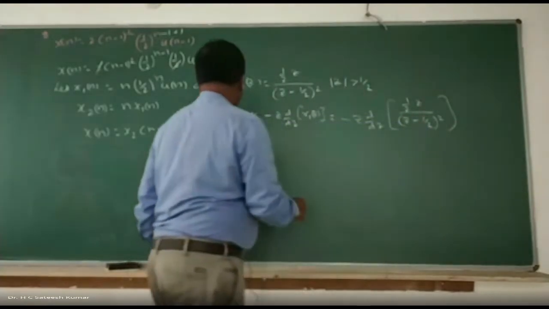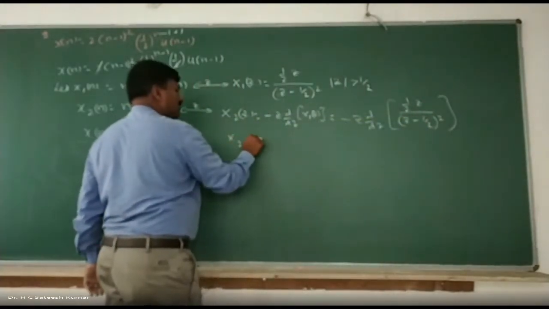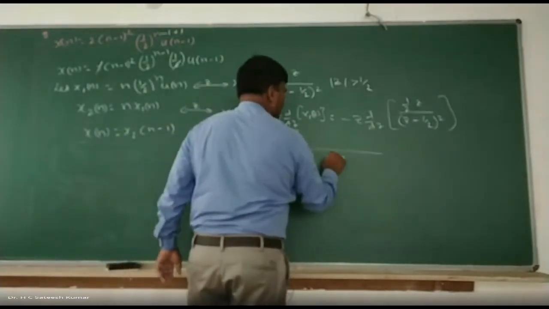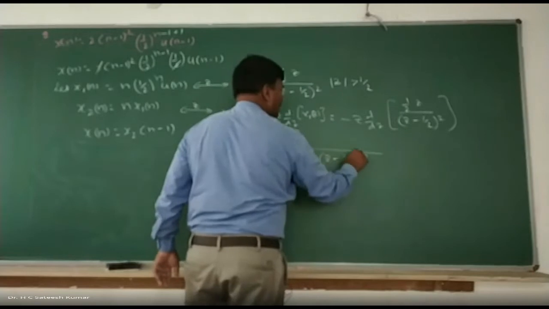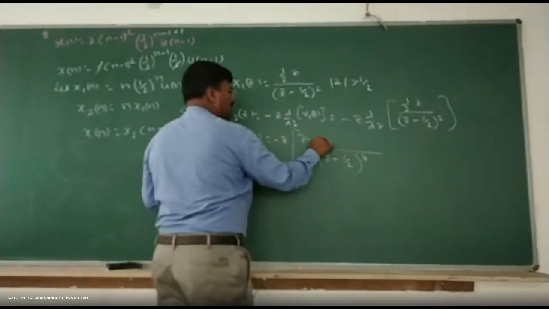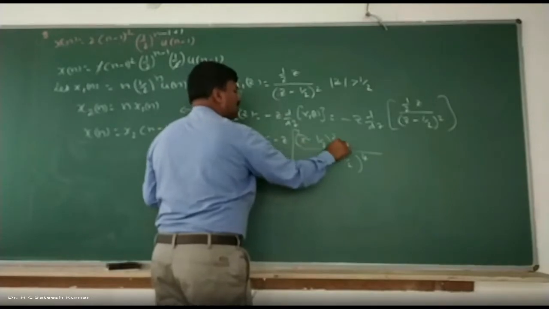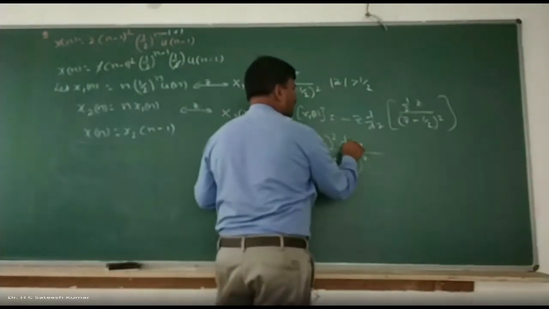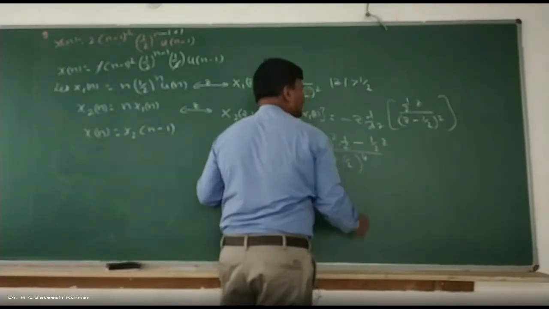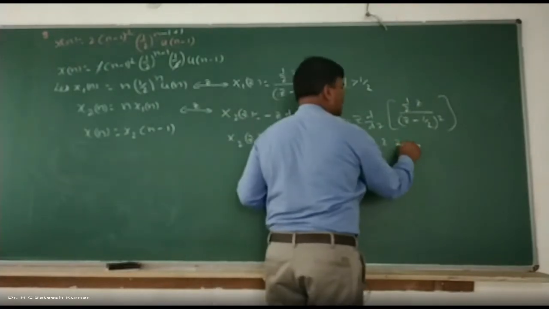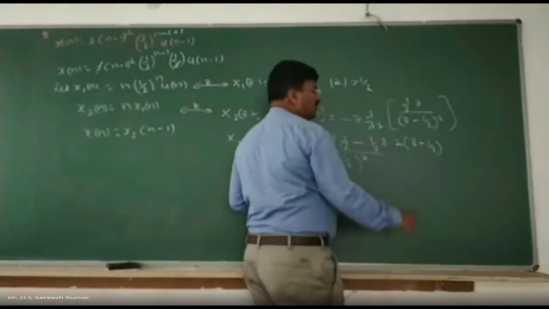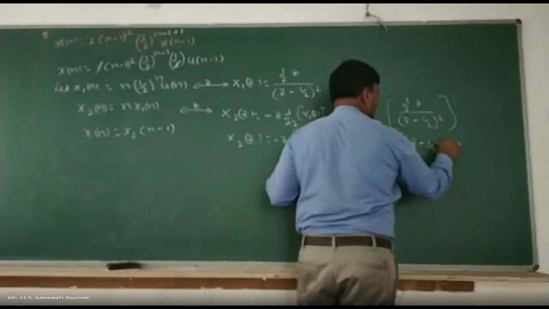Using the quotient rule, denominator z minus half whole square into d by dz of numerator, half z, which is half, minus numerator half z into d by dz of denominator, 2 into z minus half into differentiation of z minus half. Z is 1, half is 0, therefore you will get 1, all over denominator to the power of 4.